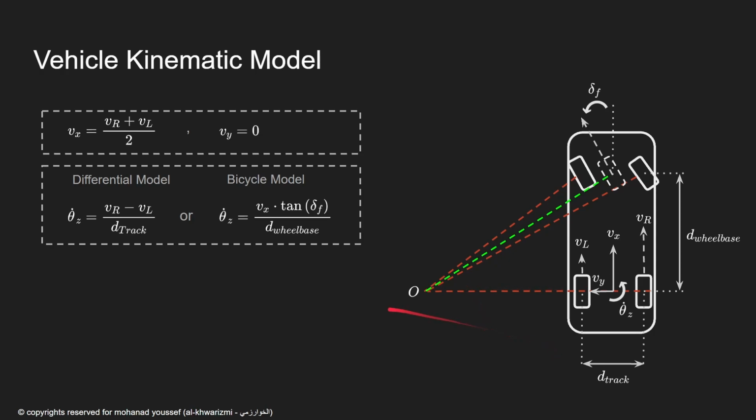The last thing that I need to mention is that we can have these states, the velocity on the x-axis and the heading rate, in a separate Kalman filter, which is processed before the motion Kalman filter that we just derived in the previous slide.